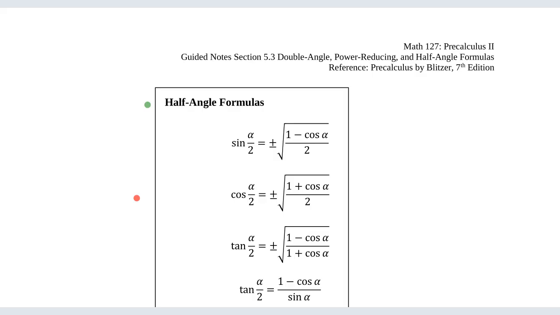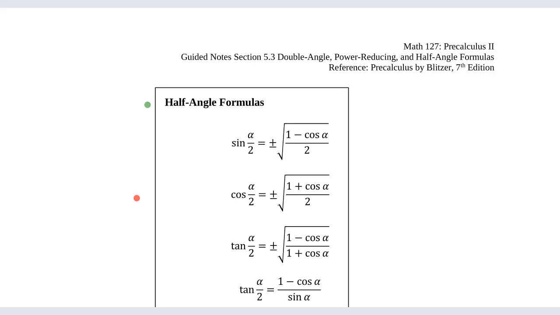Now we're going to reverse the process. Given the information about an angle, we'll determine the information about half of that angle. Half angle formulas are particularly useful when evaluating exact trigonometric values that do not appear directly on the special right triangles like 30 degrees, 60 degrees, 45 degrees, or from the unit circle.